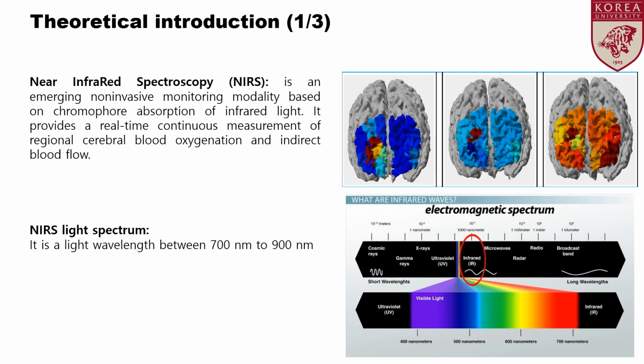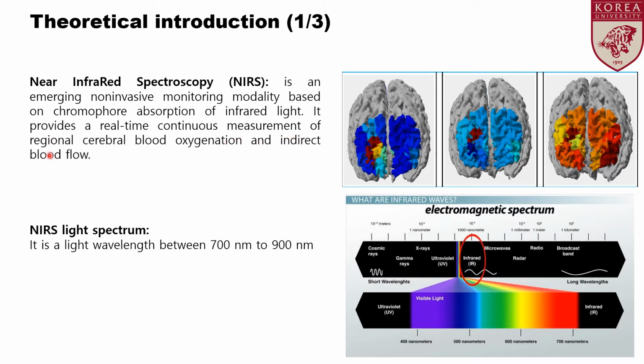So in theoretical introduction, firstly, we will talk about what near infrared spectroscopy is. So near infrared spectroscopy is an emerging non-invasive monitoring modality based on chromophore absorption of infrared light.